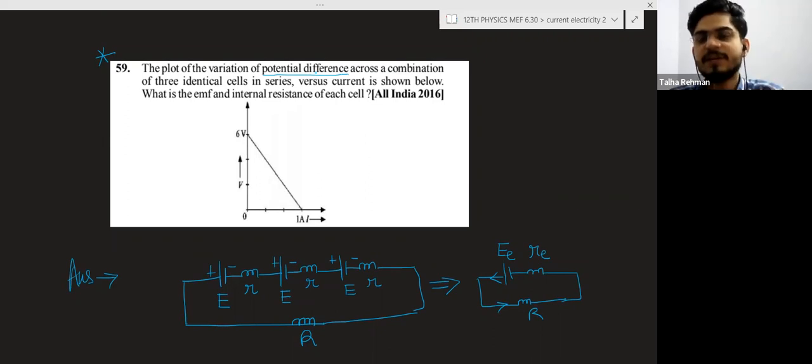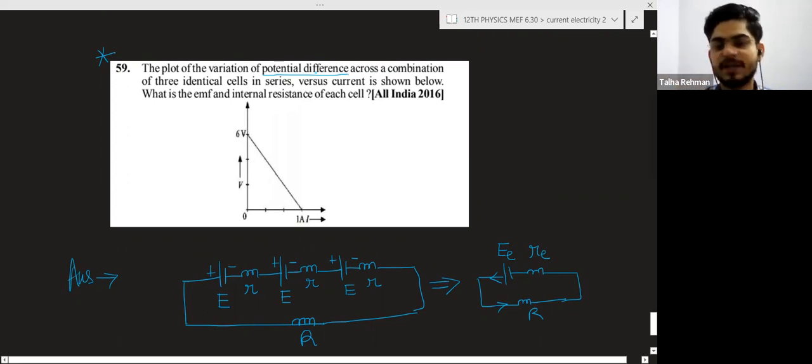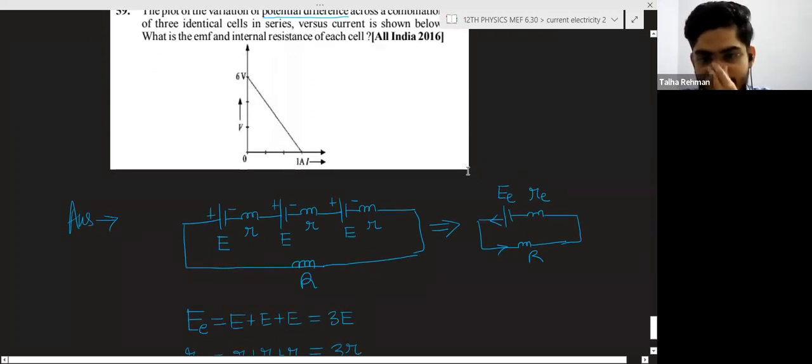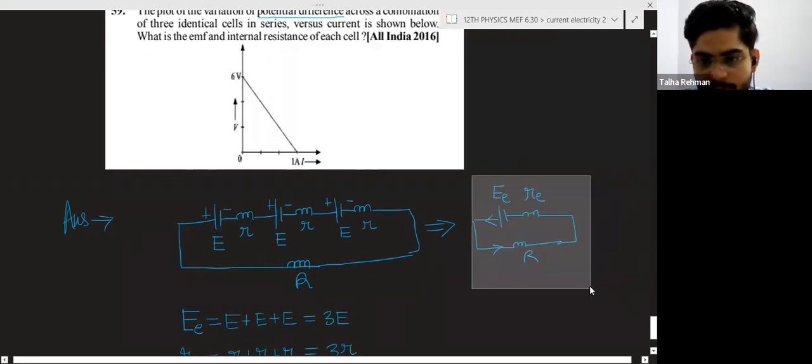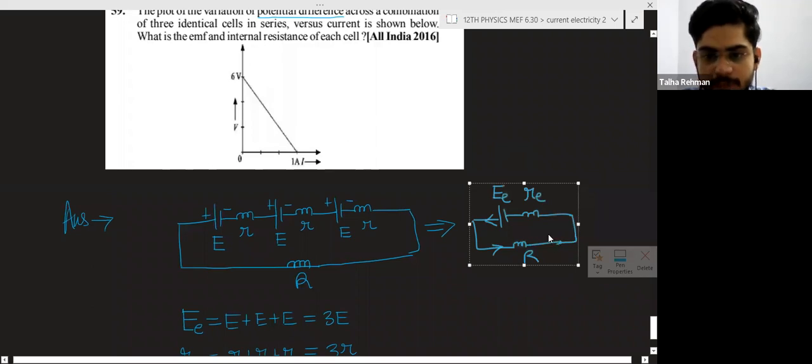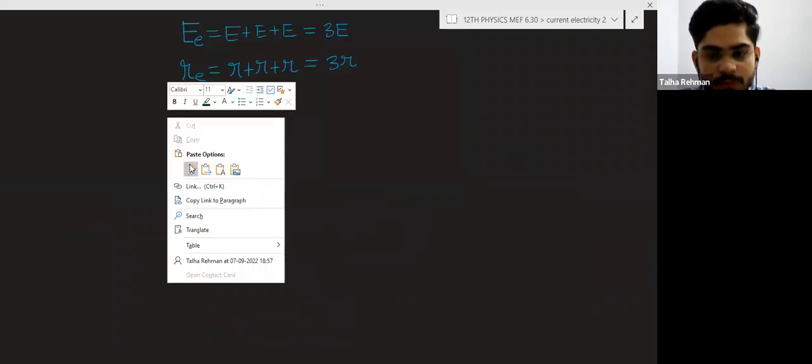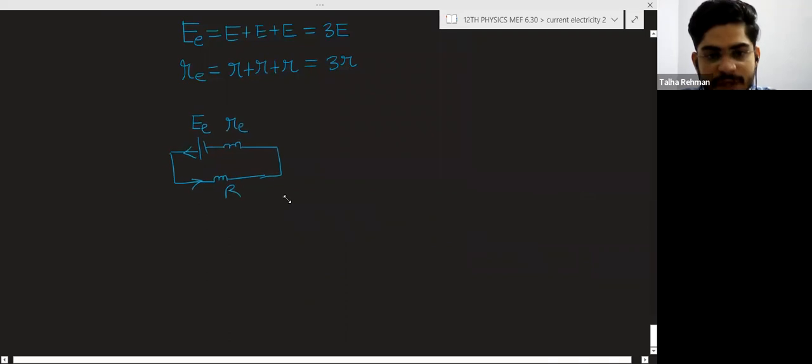If there is some potential difference, it means there is some potential drop, which means the cell is in the working condition. So here I have made this equivalent circuit.